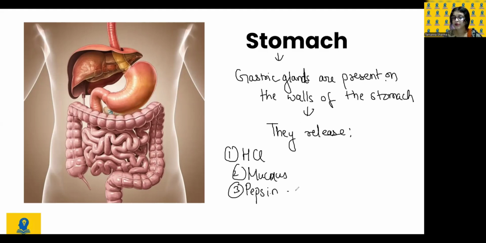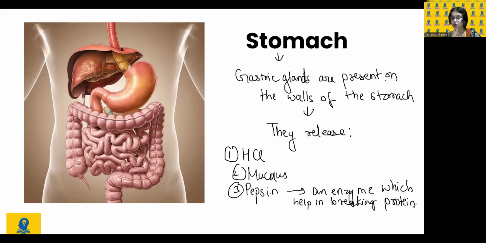Now see, remember that pepsin is an enzyme which helps in breaking down protein into simple molecules. Because if it is complex, our body cannot use it. So pepsin will break down protein into simple molecules, the type of substances that can be digested and absorbed by our body.